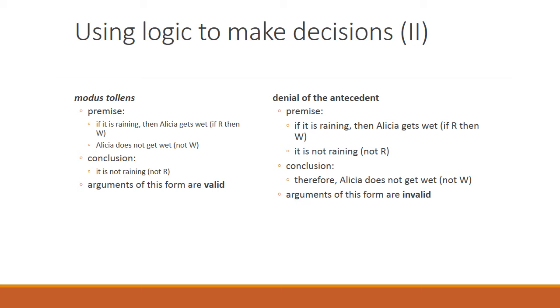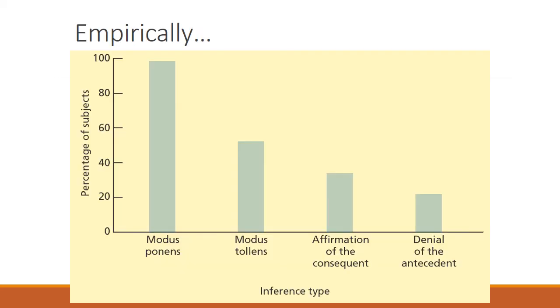What you should be taking from this, though, is that it doesn't seem like we do these processes in our daily lives. We can formally describe these processes using these fancy Latin terms, but intuitively, this doesn't seem like what we are doing. It's hard for us to reason in this way. This is shown in this graph here.